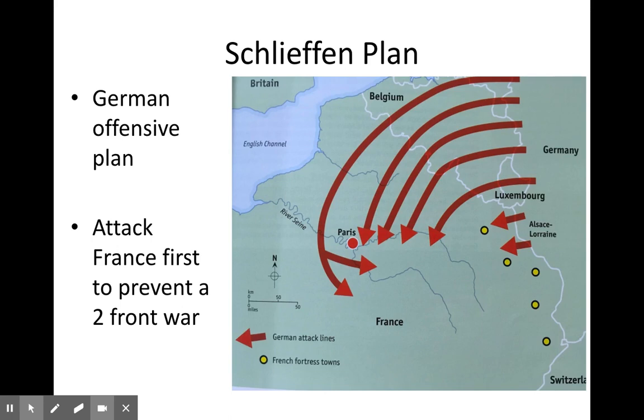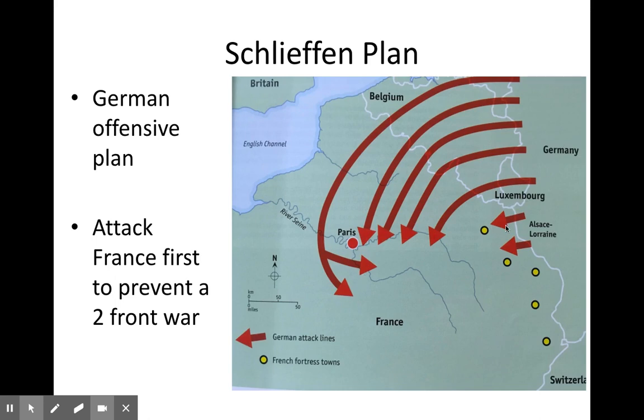So Germany understands that Russia is far away and it's going to take Russia time to mobilize and get to the Eastern Front. So they think in their minds that they can really quickly just go into France and defeat France in 6 weeks. Like I said before, this is a little bit ambitious and perhaps a little bit egotistical. But this was what Germany did. You can see these different flanks or lines. These would be columns of men that would be attacking.